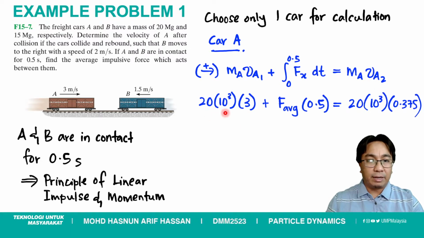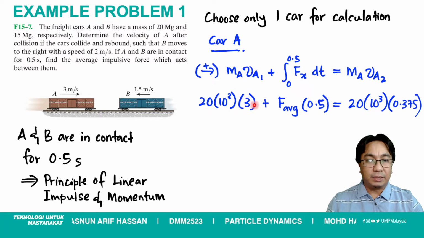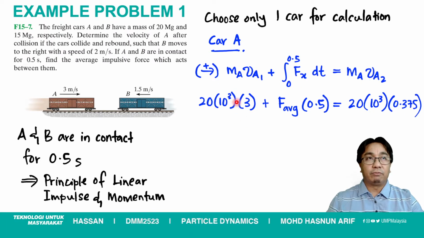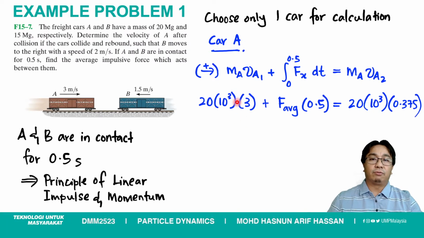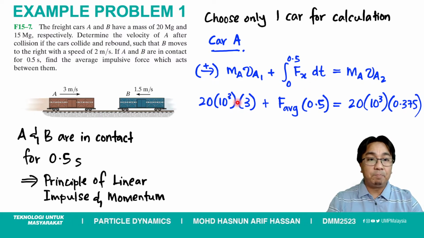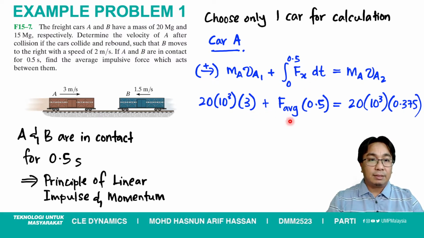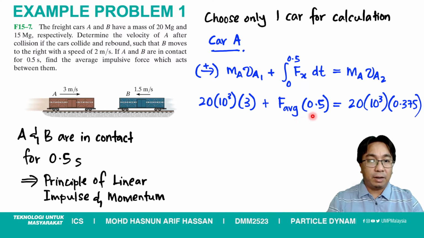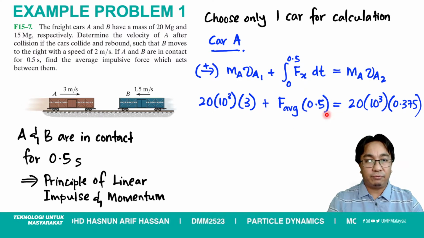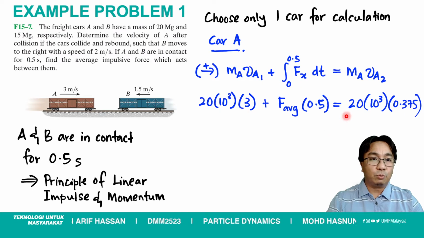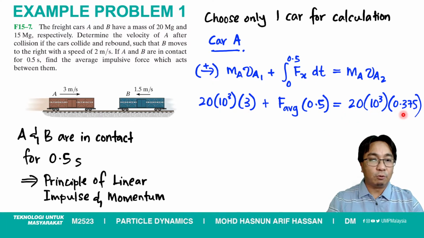So 20 megagrams times 3 meter per second. This is the initial velocity of car A, plus the average force multiplied with the time 0.5, this is the impulse, equals to 20 megagrams times 0.375.